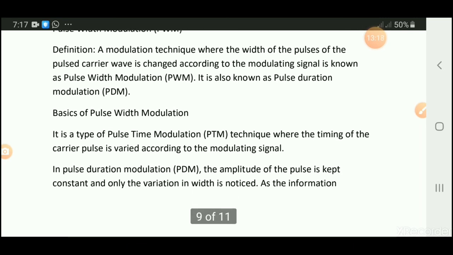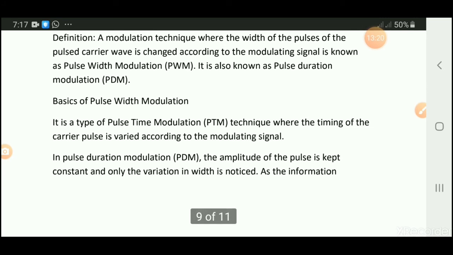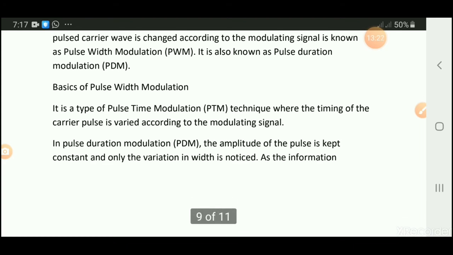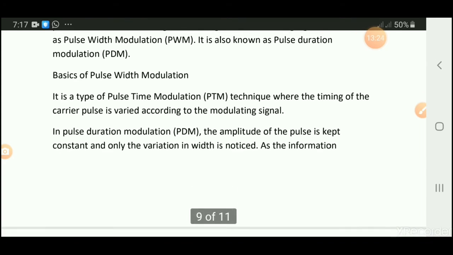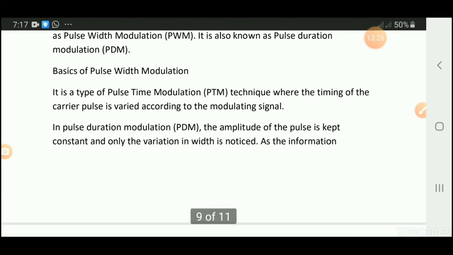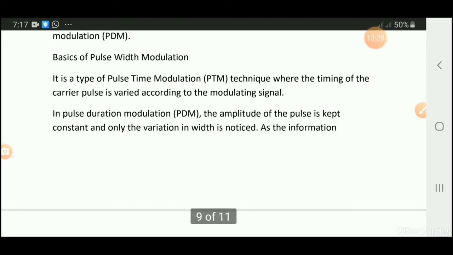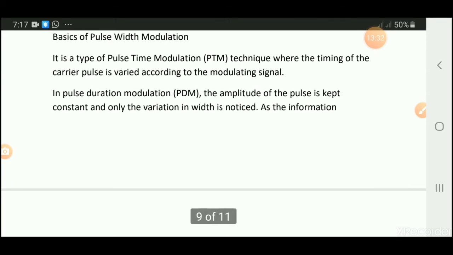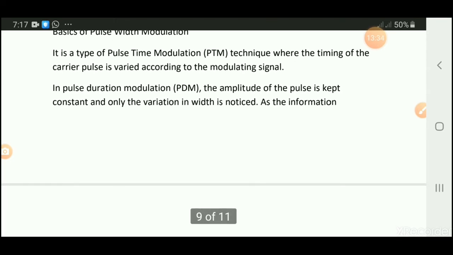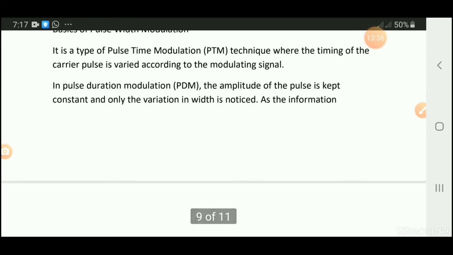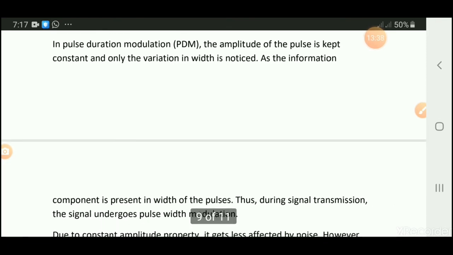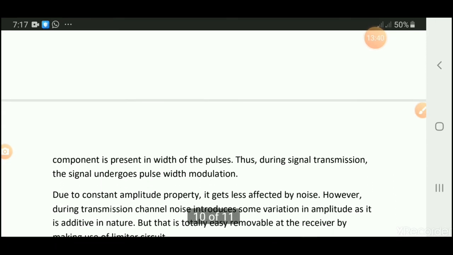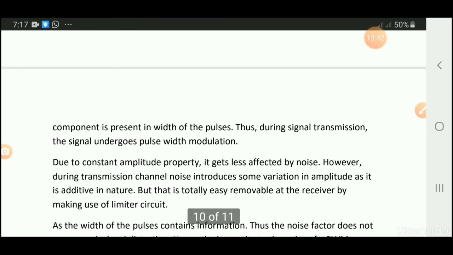Basics of pulse width modulation. It is a type of pulse time modulation, a technique where the timing of the carrier pulse varies according to the modulating signal. In pulse duration modulation, the amplitude of the pulse is kept constant and only the width varies, as the information is present in the width of the pulses.